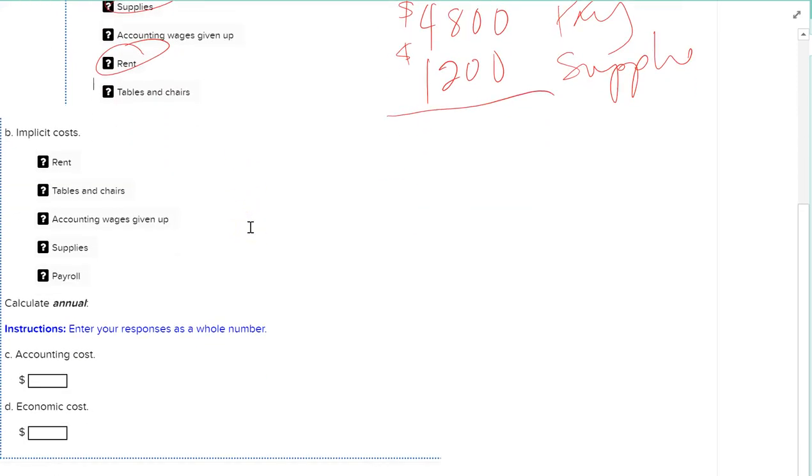So those become her implicit costs. So the table and chairs, what she would have done with them if she didn't use them for her business was she would have sold them. So that becomes an implicit cost, and the accounting wages she gave up are an implicit cost of her choice to use her human capital for her business. So now we have implicit, explicit, and we can total these up now.